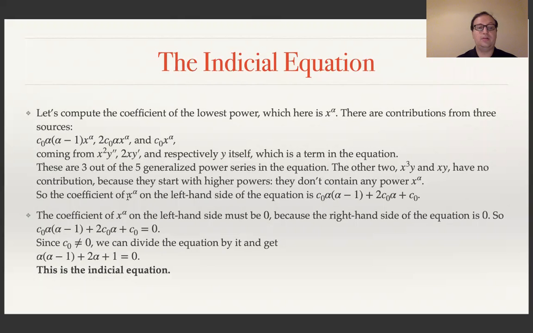So on the left-hand side of the equation, this generalized power series has x to the alpha with the coefficient, the sum of these 3 coefficients: C0 alpha times alpha minus 1 plus 2C0 alpha plus C0.